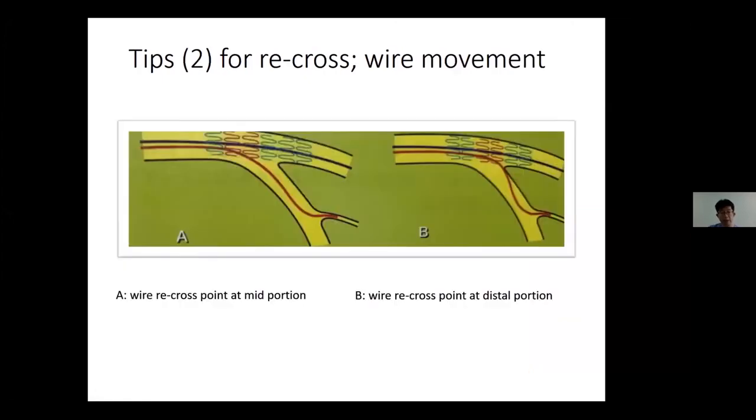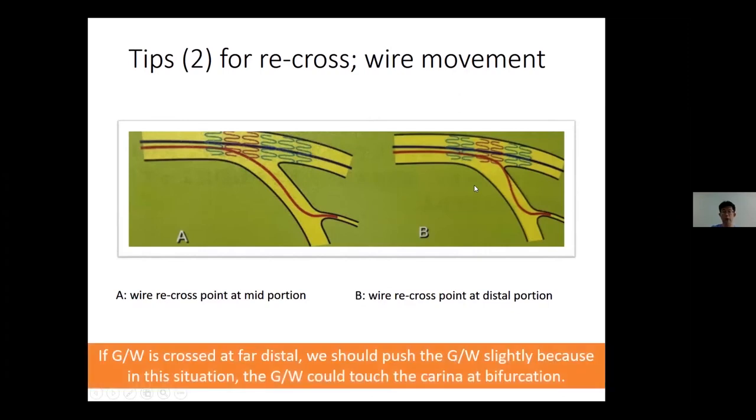And second tips for recross guide wire. OCT, OFDI image or IVUS image is very helpful to check a recross point. But in a situation with no imaging guidance, wire movement is very helpful. If the guide wire recrosses the far distal point, the guide wire goes to some branch here, and when the wire is pushed, it attaches to the carina.